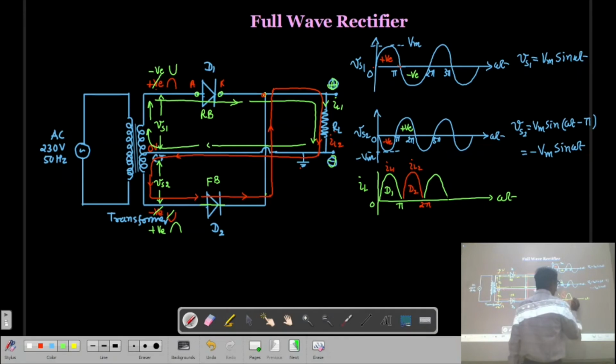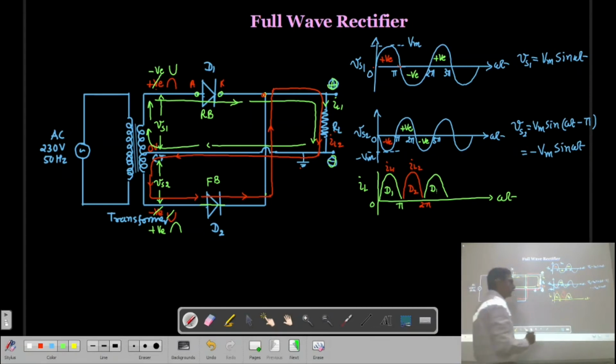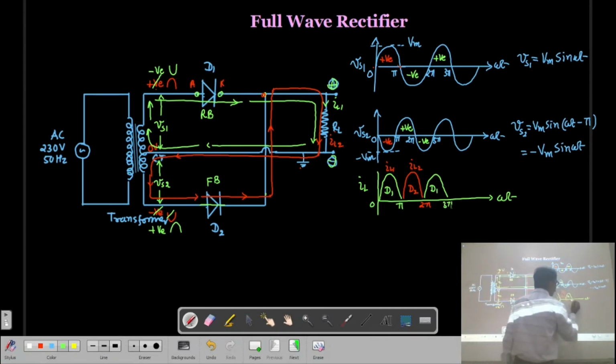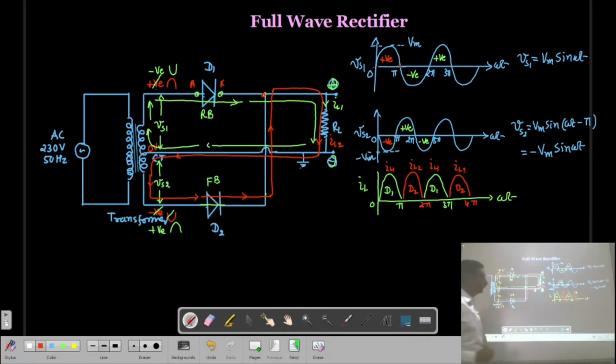So again in the next cycle, here we have a positive voltage, at that time this is a negative voltage, then again the diode D1 will be in forward bias and you will get the current between 2 pi and 3 pi. Then the diode D2 will be in forward bias between 3 pi and 4 pi. So this is again IL1, this one is IL2. So you are getting this current like this.